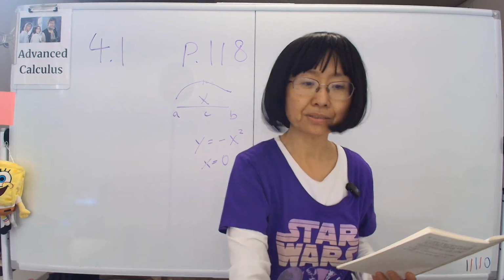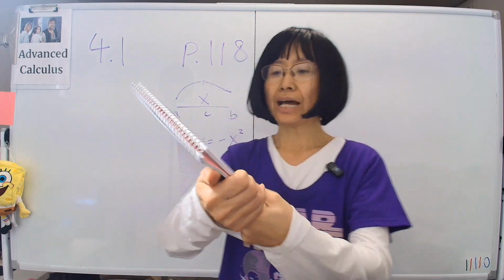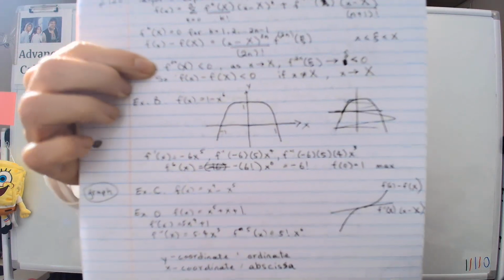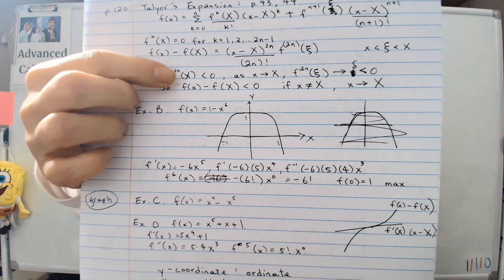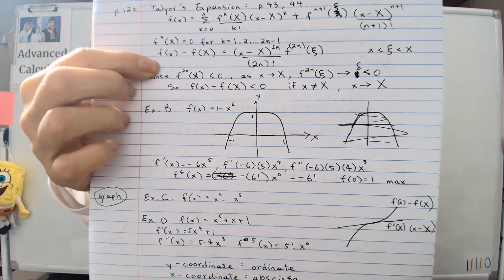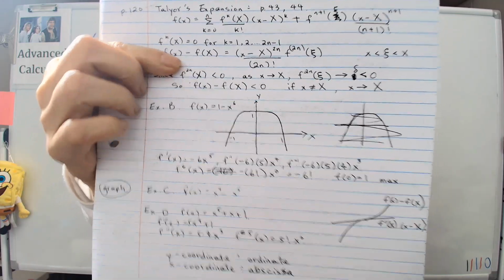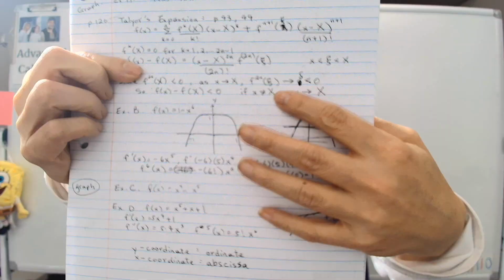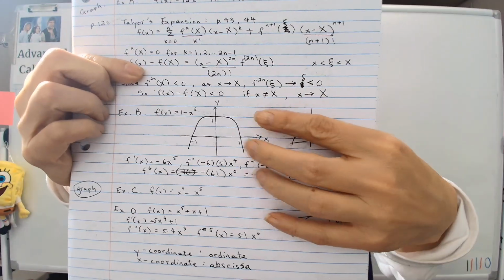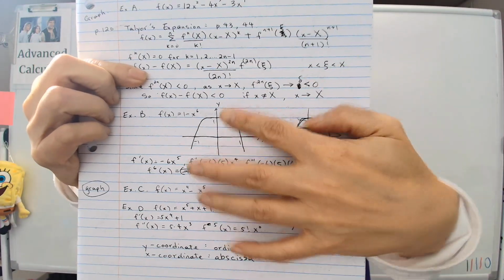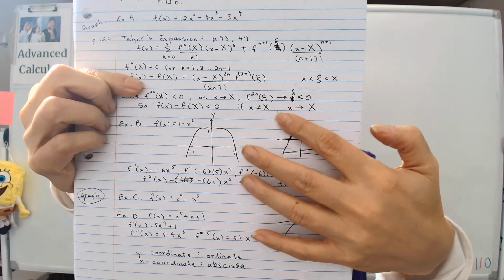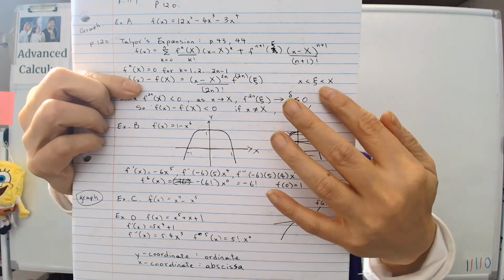Let me show you the book. So as a result, being that f2n at big X is less than 0, and the approaching is always going to be to a value that's less than 0 as x approaches big X, then psi also approaches big X because psi is in between those two values.